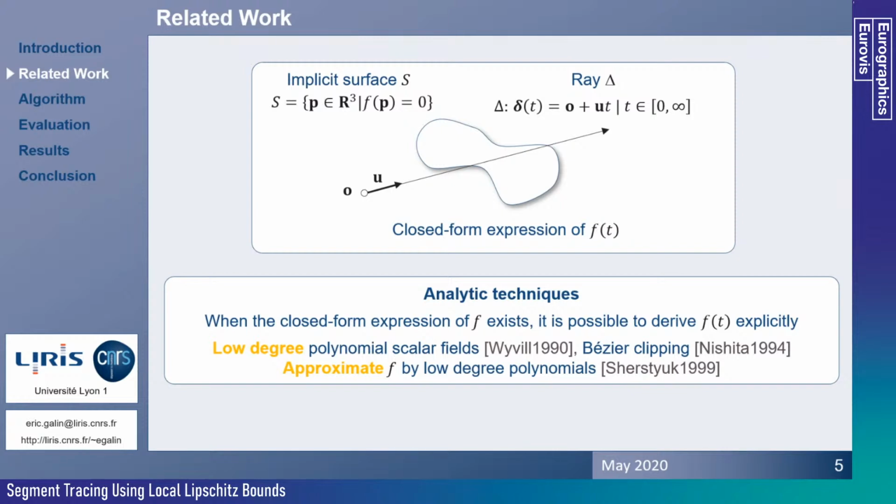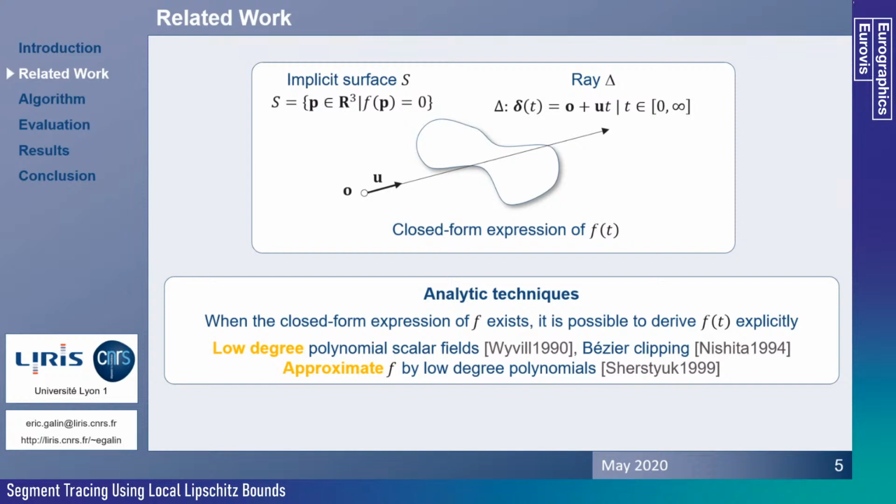Analytic techniques aim at computing the piecewise closed-form expression of the field function along the ray. When f of t is a polynomial equation, solutions, and thus intersections, can be solved analytically for low-degree polynomials, or by using Bézier clipping. Another solution consists in approximating f of t by a low-degree polynomial to speed up processing.